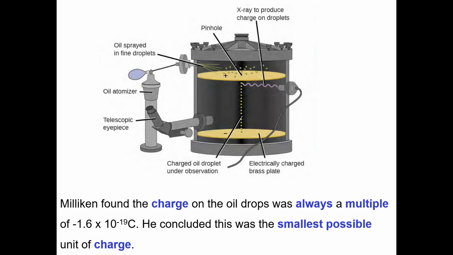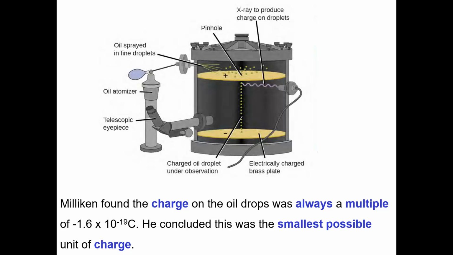What he did was produce oil droplets. These oil droplets were of a consistent mass, and he was able to induce on them an electric charge. He used either friction or X-rays to generate an electrical charge on the oil droplets.